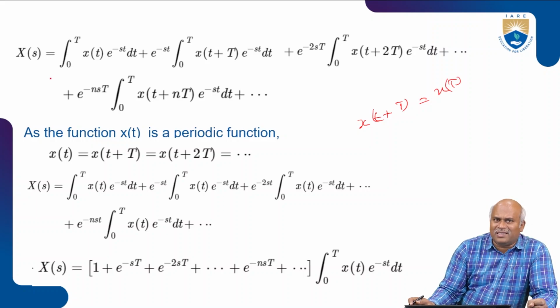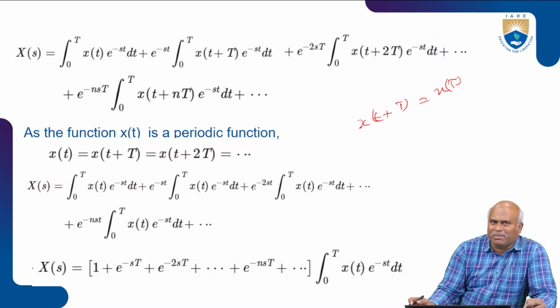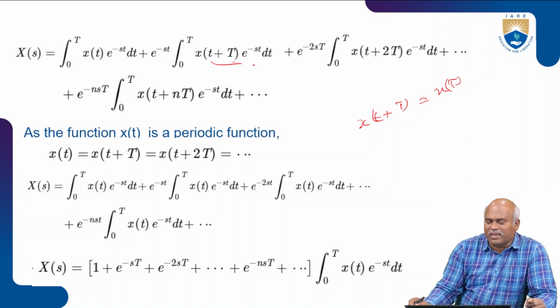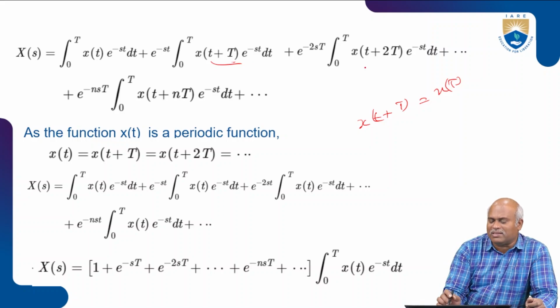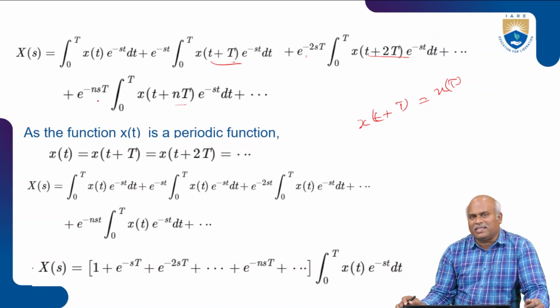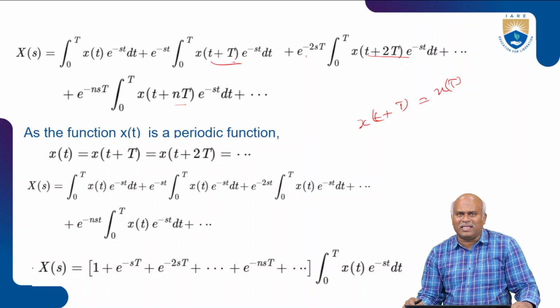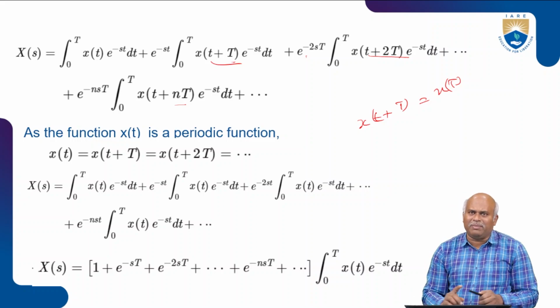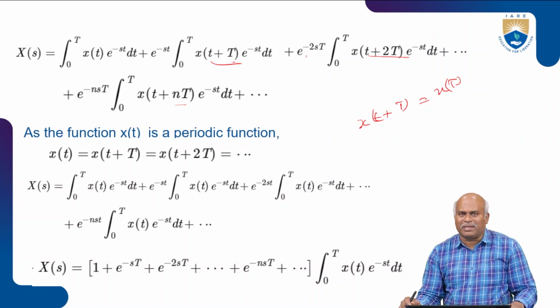Based on this condition, the integral from 0 to infinity of x(t) e^(-st) dt, here I included x(t+T) e^(-sT). The next term is e^(-2sT) with x(t+2T). In the same way, up to n, x(t+nT) with e^(-nsT), the integral from 0 to T of x(t+nT) e^(-st) dt, up to infinity.